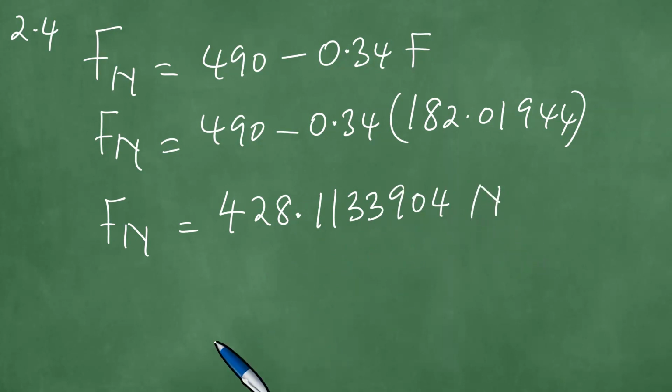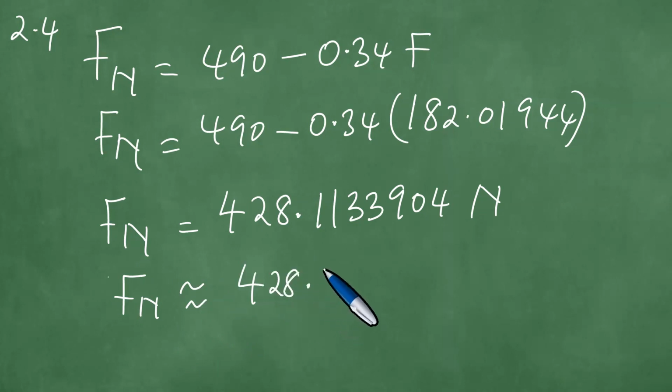It's approximately this. This is just an estimate answer. So to a couple of decimal places, F normal is approximately 428.11 newtons.